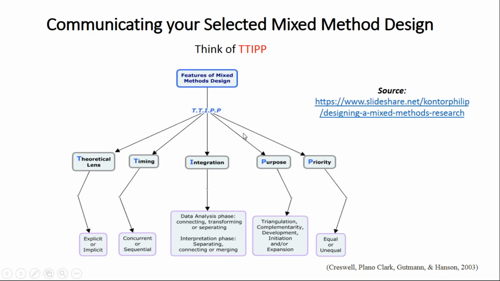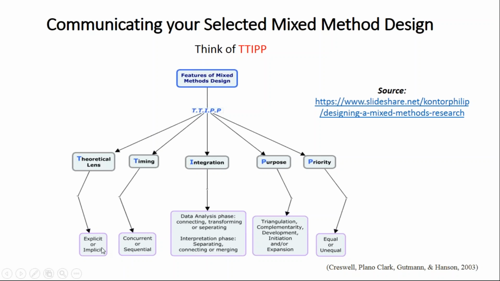So this is a brief information for you. And as you can see here, this is just a summary. Whenever you want to communicate your mixed method design, think about TIPP, right? Theoretical lens, timing, integration, purpose, and priority, right?